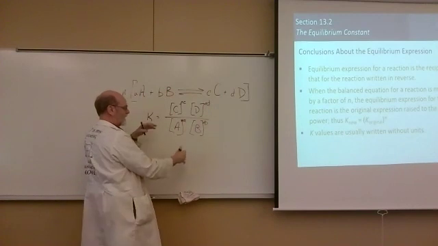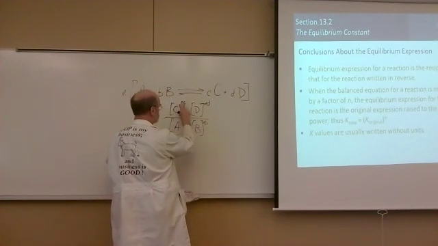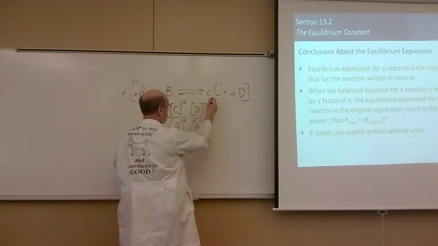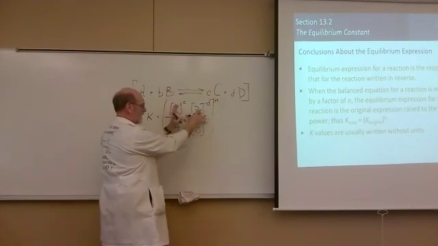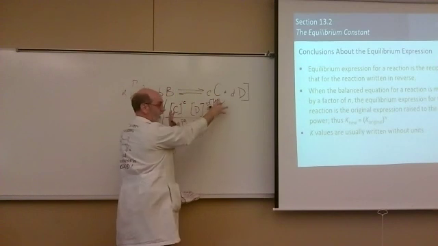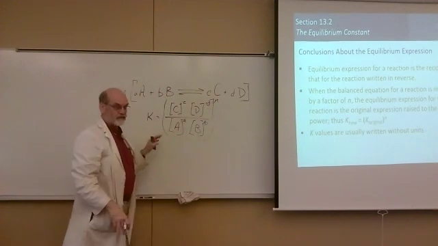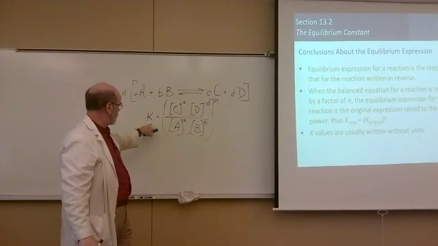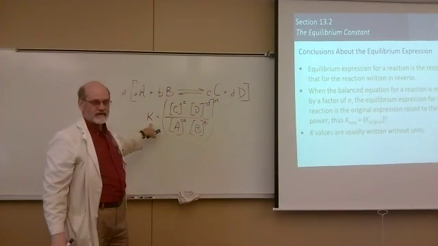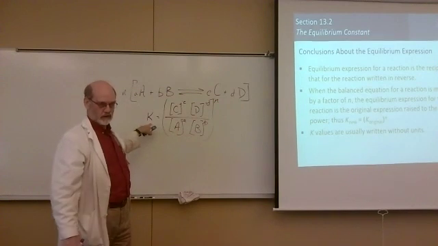So if we factor out the n, this is K, and that's K to the n. So if you multiply the whole equation through by an n, then that takes the original K to the nth power.